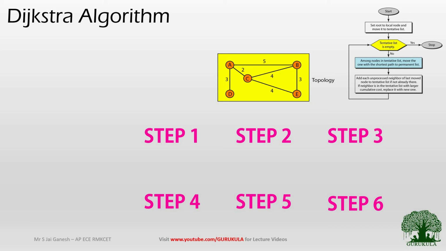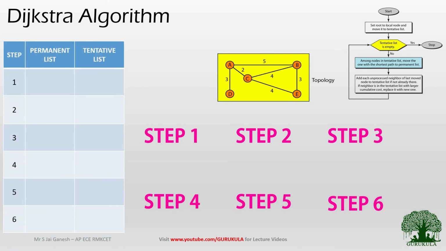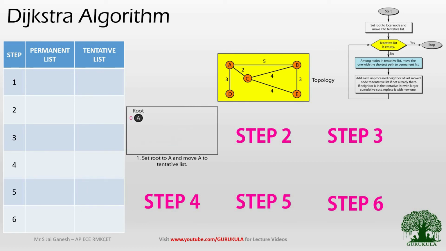This is the example network we have, and let us apply Dijkstra's algorithm on it and see how the routing table or the shortest path tree is created at node A. We will have 6 different steps, and we will see what is happening at each step. In the very first step, you need to set the root node and move it to the tentative list. Before we start the algorithm, we require 2 lists: one is the permanent list and the other is the tentative list.